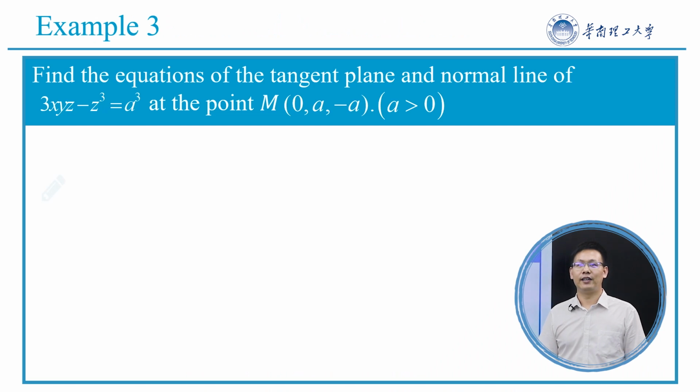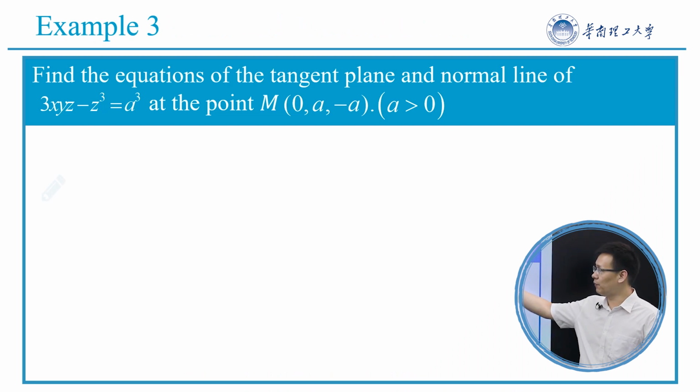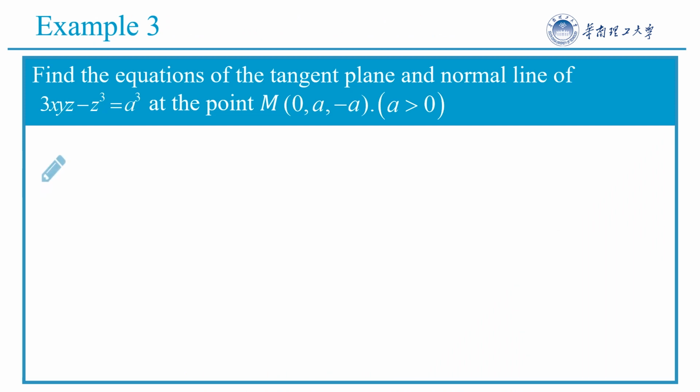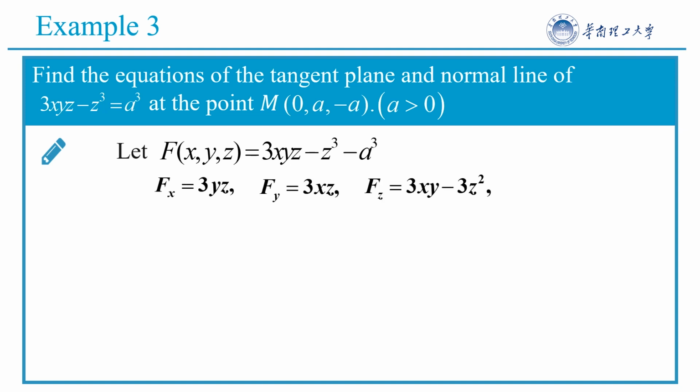Example 3. Find the equations of the tangent plane and the normal line of this surface. Solution. Let capital F be this function. The three partials of capital F are as follows.